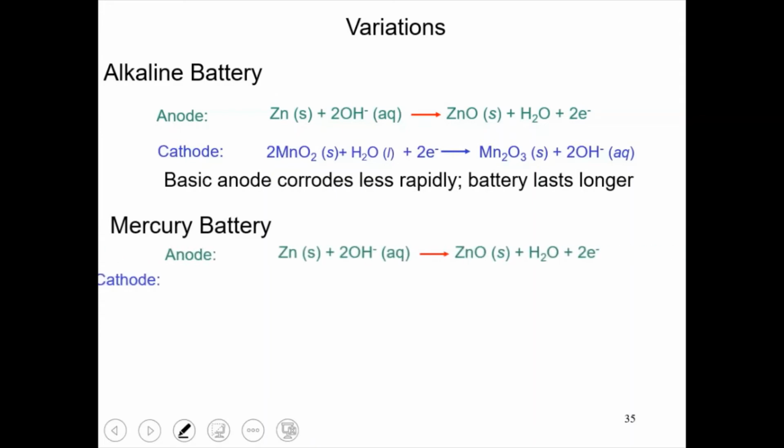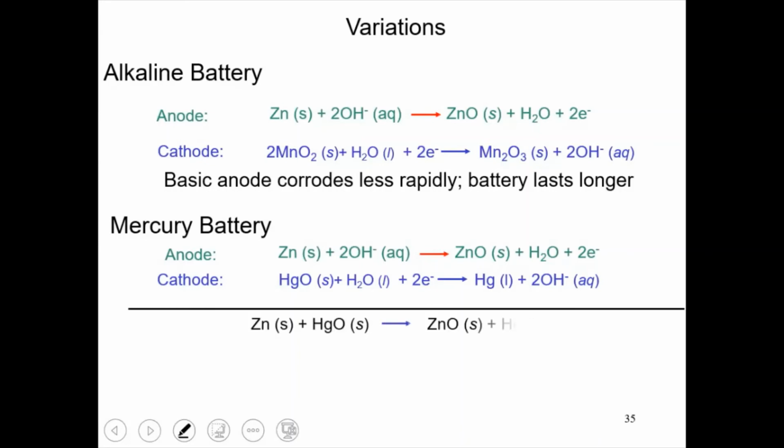And in the mercury, what you have is, again, you have a zinc anode in a basic environment, but your cathode is an oxide of mercury that gets converted to mercury itself. Again, the basic environment gives you a more stable, less corroding anode.